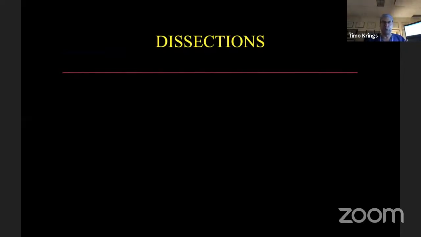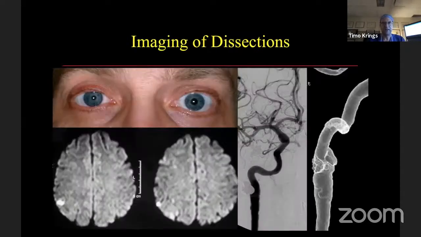Another very important cause of childhood and young adult stroke is arterial dissections. In the imaging of dissections, we first perform a very good clinical investigation. If we have a Horner syndrome, miosis, ptosis, and enophthalmos, think about a dissection.